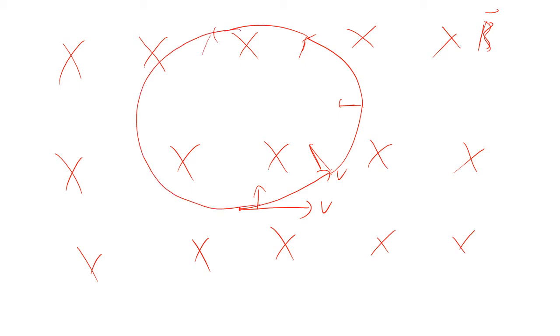Well, you know from physics 1, a force that is always perpendicular to the motion changes the direction, but not the magnitude of the velocity. And so that would force the thing to go in circular motion. In other words, it is centripetal force. So the magnetic force becomes a centripetal force.